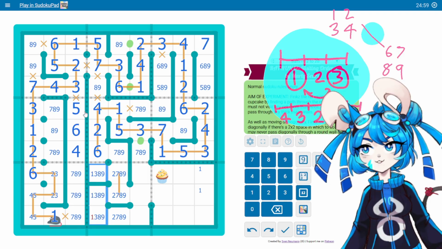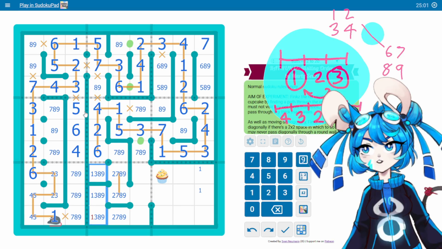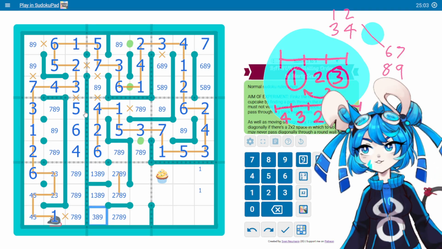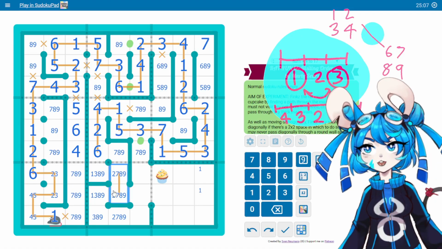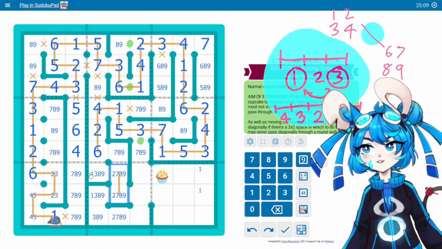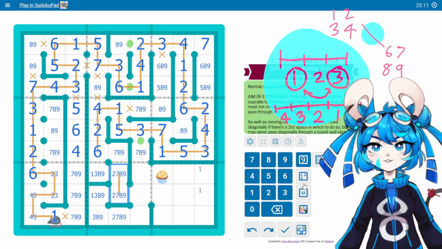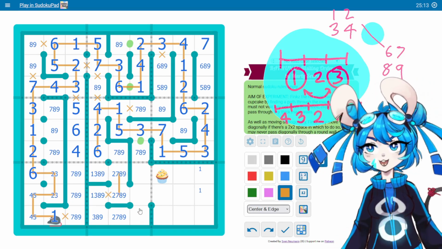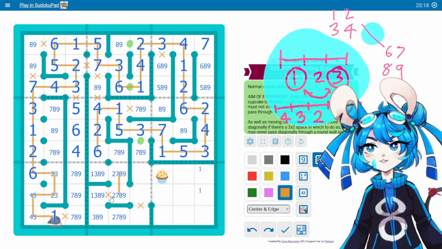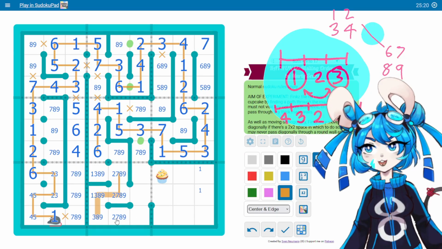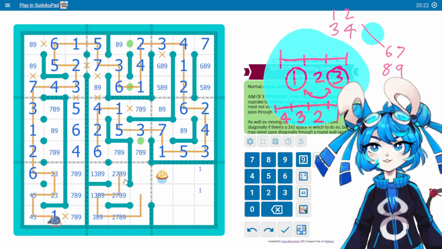Not 7. 1, 3, 8, 9. Okay. So this indicates that the line has to be at least 7 cells long, which is interesting. I think that means it has to go through this corridor here, because otherwise it would only be 5 cells long. So it has to come through here.